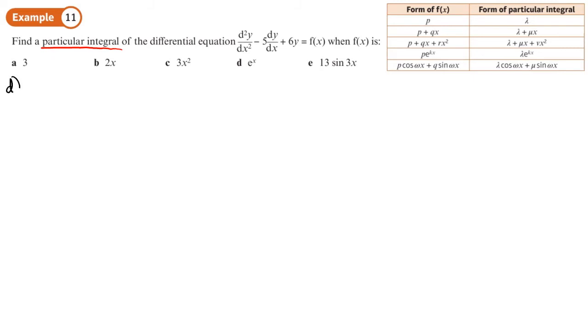Okay, so now on to part D, where I can see that f of x equals e to the x. So we need to have a look at our table here. Now notice in the example that we're doing here, the value of k here, k equals 1. So we actually don't need a k in this case. We can say that y is going to equal lambda e to the x.